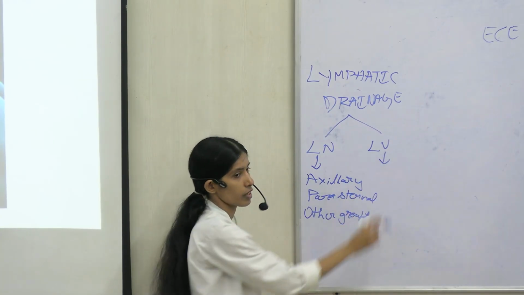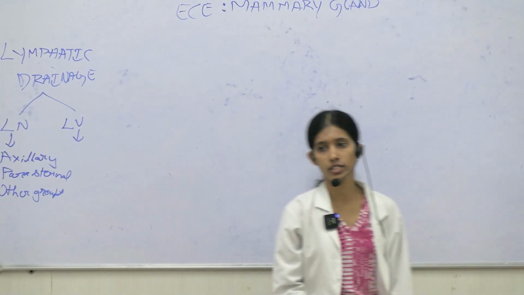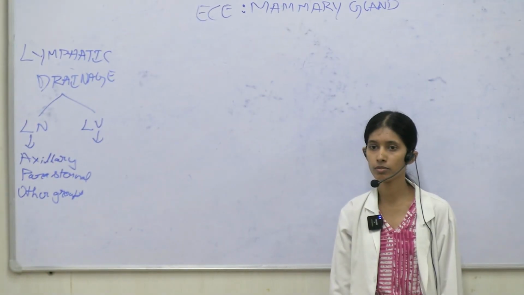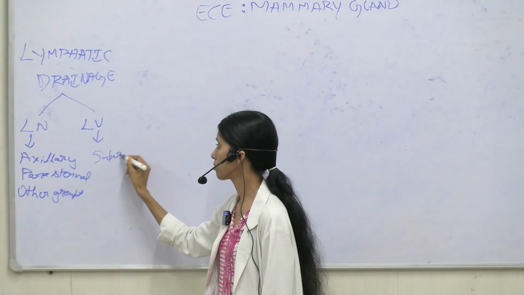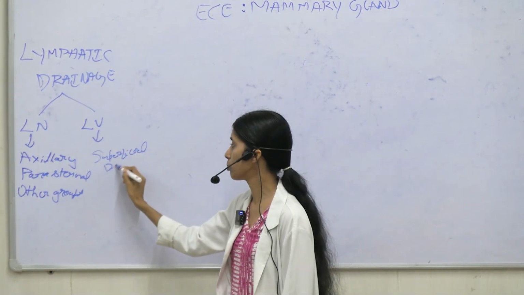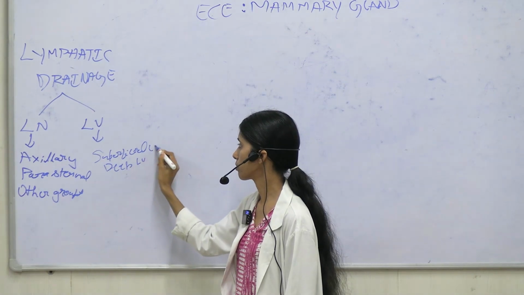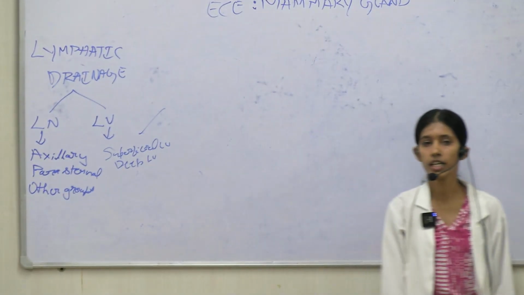What about the lymph vessels? The lymph vessels of your mammary gland. We have superficial lymph vessels and deep lymph vessels. Okay, remember, this is the very basic thing you should remember in the lymphatic drainage of any structure.